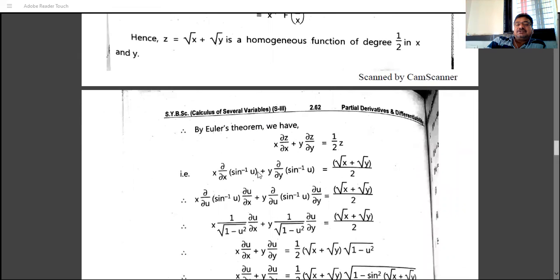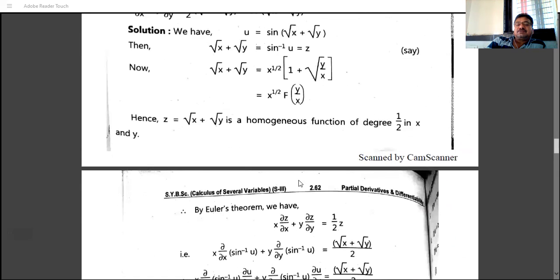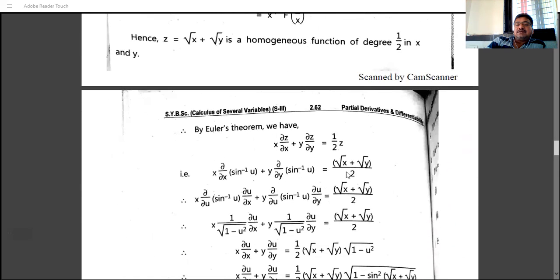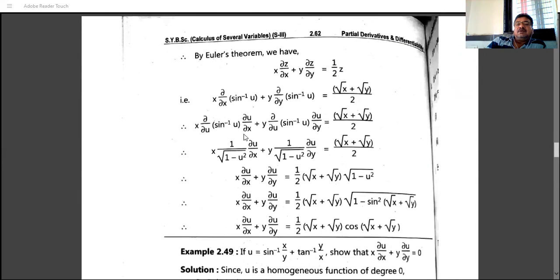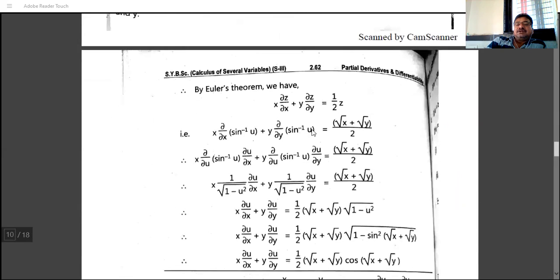There are two values: this value is useful to determine the degree of the function, and this is useful in the next step. Substitute z as sin u on one side, and as root x plus root y on the other, observing what is to be proved.